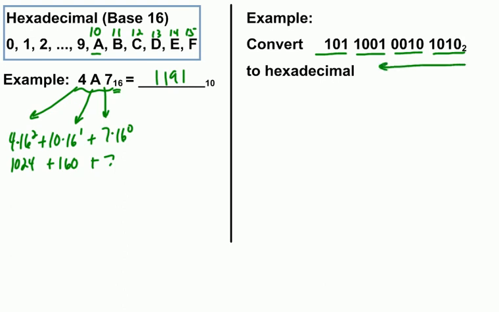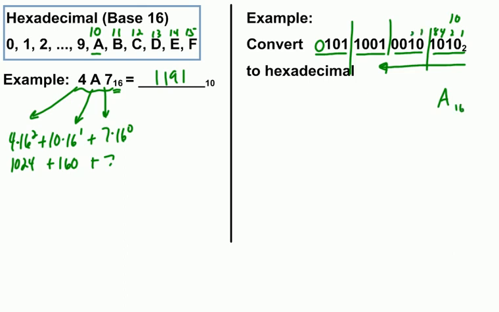Every 4 bits becomes 1 hexadecimal digit. Now, I'm missing a 0 here, but adding a leading 0 doesn't really cause any problems. So we sort of think of these as 4 separate bit strings. 1, 0, 1, remember when we count in base 2, it's 1, 2, 4, 8. So 8 plus 2, this corresponds to the number 10, and 10 would be represented by the letter A.